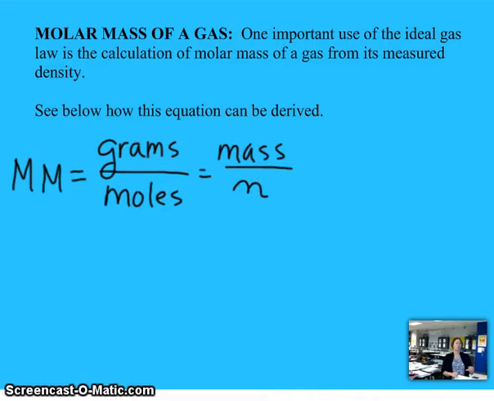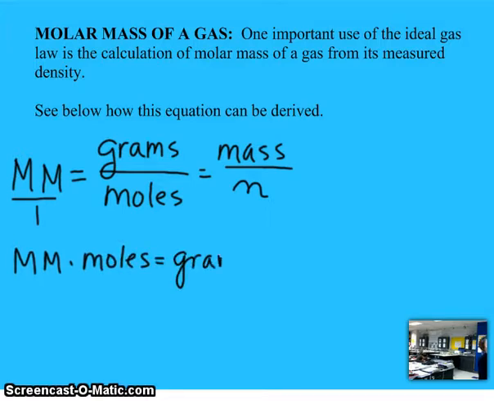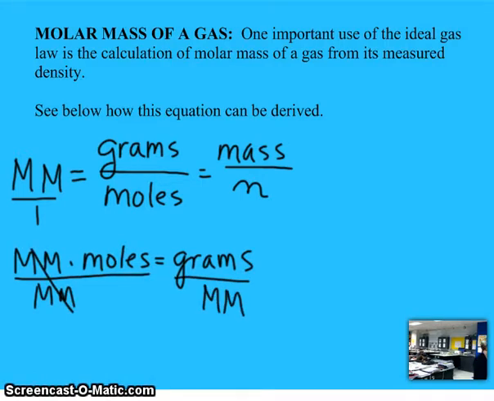If we rearrange this and solve for moles, we would have to slap this over 1 and we get molar mass times moles equals grams. And then solve for moles by dividing both sides by molar mass. Then what you notice is that the moles, or the n, equals the grams, or the mass, over the molar mass.